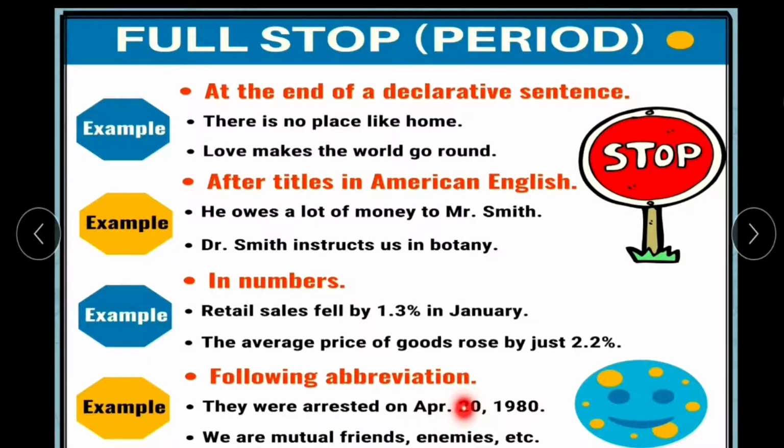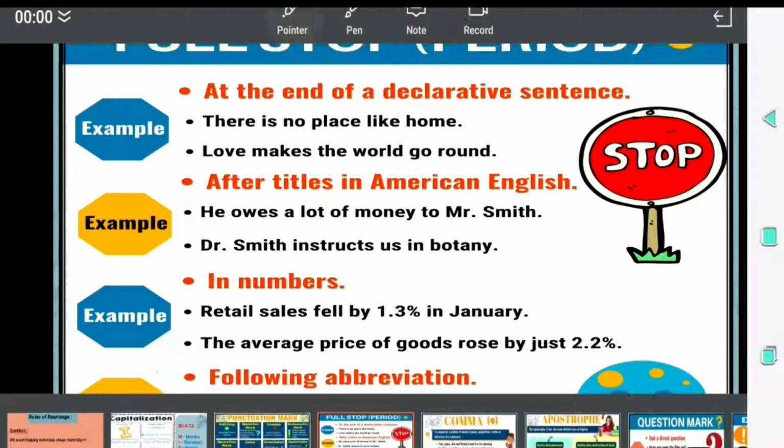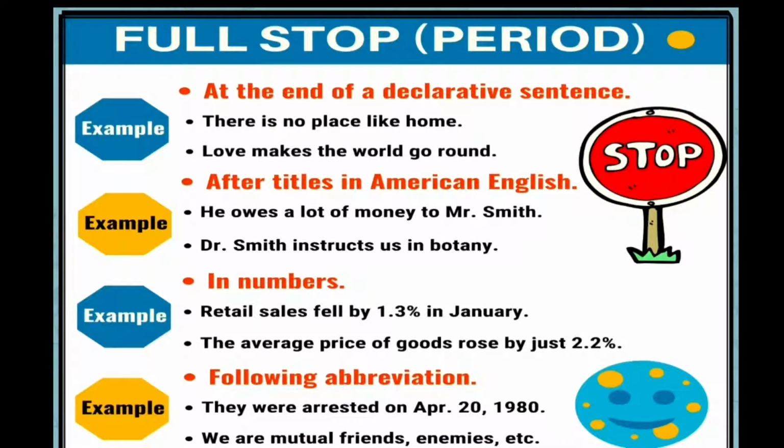So in case of that, you write the short form, and after that there is a full stop mark. And etc. Instead of the full form, I have written ETC, and after that there is a full stop. So like this way, you have to use the full stop mark.